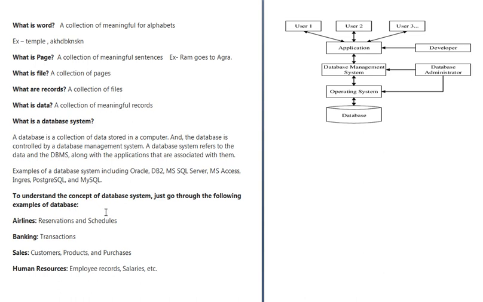To understand the concept of a database system, go through the following examples of databases: airline reservations and schedules, banking transactions, sales, customer and production purposes, human resources, employee records and salaries. If we talk about banking, we go to the bank, show our passbook, and do some transactions.